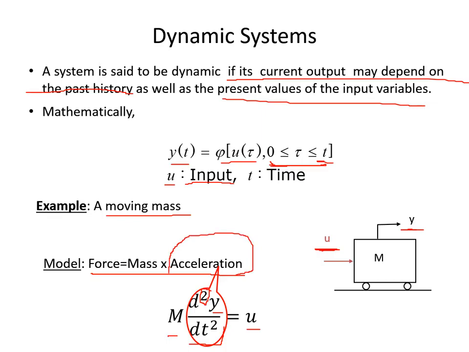So the double derivative of displacement is essentially the rate of change of velocity. That means acceleration. One thing to note over here is that in the case of a dynamic system, we often deal with these derivatives. In this case, we are dealing with the double derivatives.